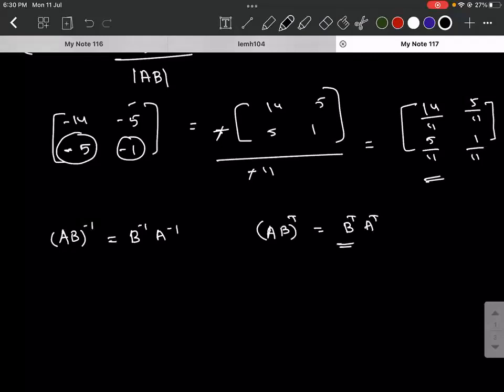So same is the case with inverse also. Matching.